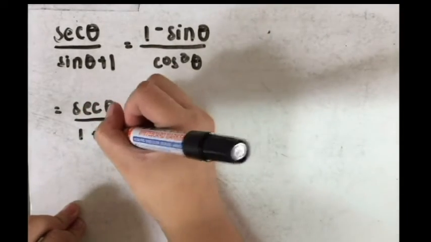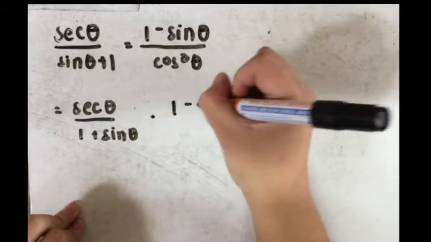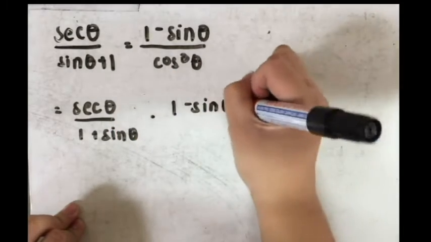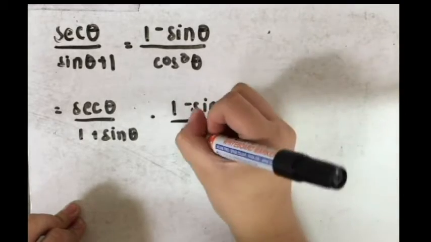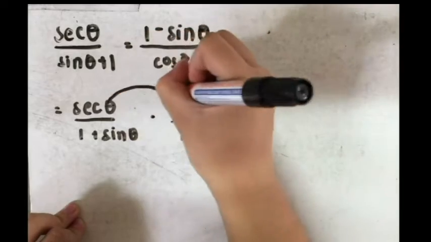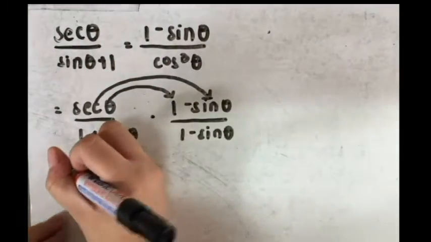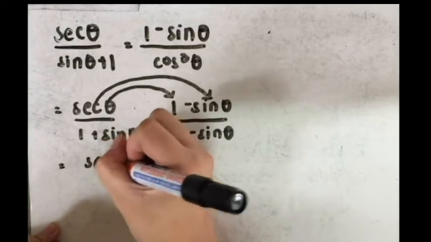It will now be secant theta over 1 plus sin theta times 1 minus sin theta over 1 minus sin theta. Multiply secant theta to 1 and negative sin theta, and multiply the denominators also.